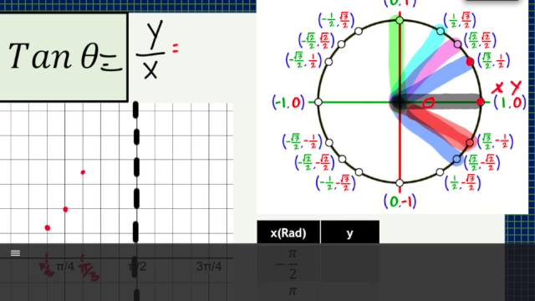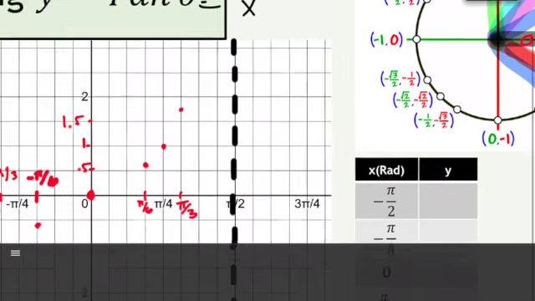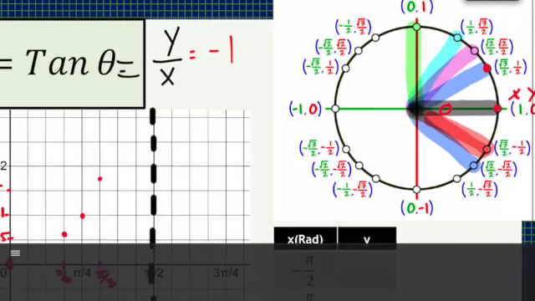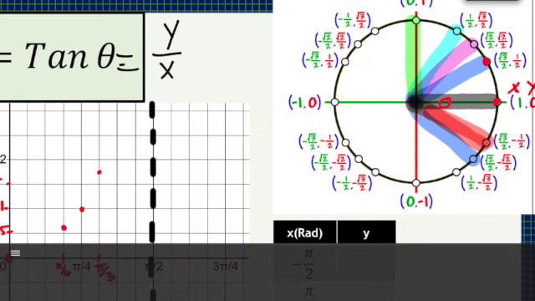So at negative pi over 4, this one we know is going to give me negative 1, right? It's the same value divided by itself. So at negative pi over 4, we go down exactly negative 1. And then the next one we have is going to be the negative pi over 3.